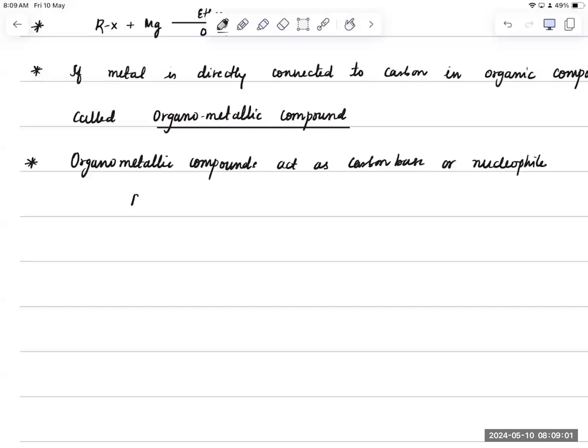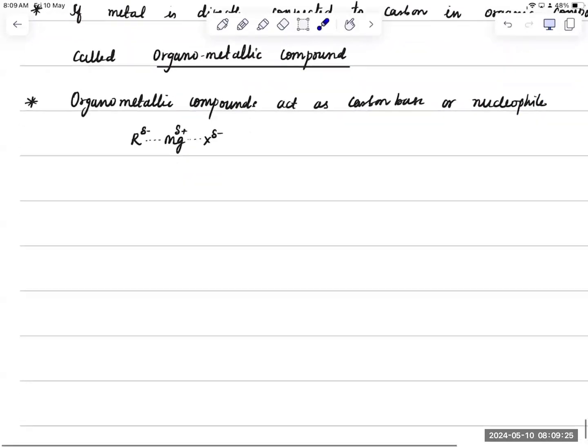In short, you can write it this way: R minus, Mg plus, and X minus. So you could imagine that R here is acting like a minus, which means it can act like a base or like a nucleophile.